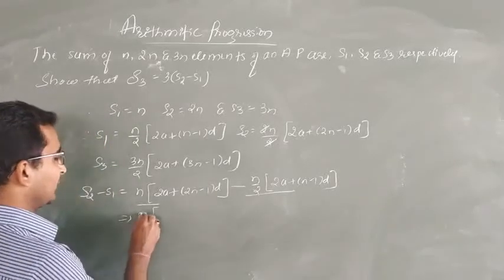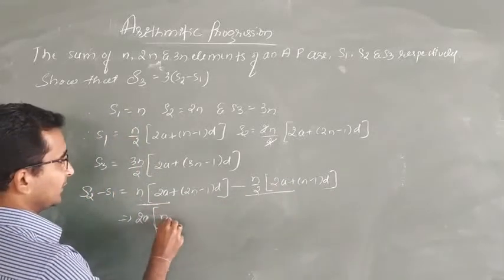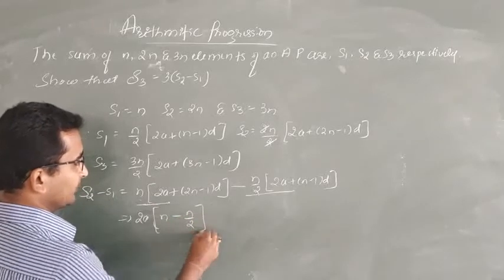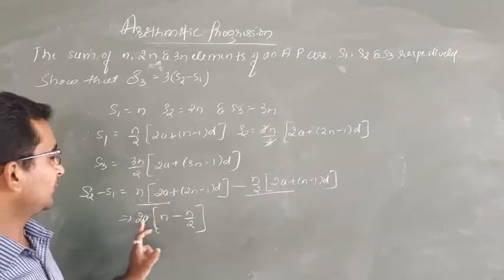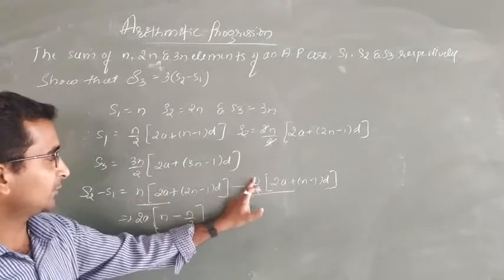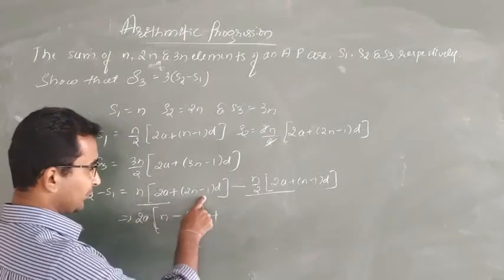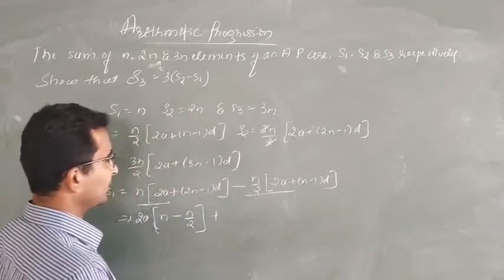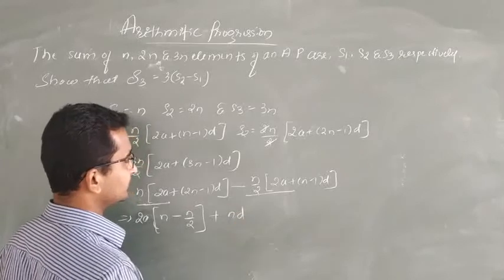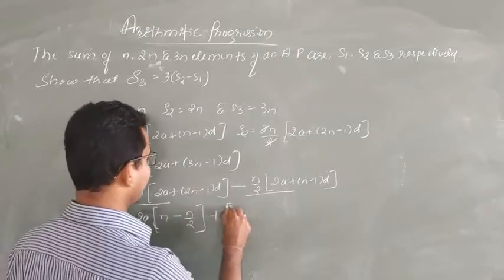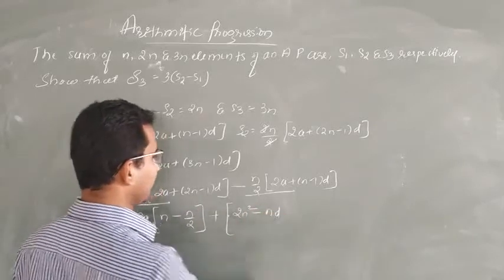Taking 2a as the common multiple in between these two: 2a, then n minus n by 2. If I multiply this one in the bracket, that is 2an, then 2a n by 2. Now plus again this n is going to be multiplied in the bracket, so that is 2n square d minus nd.